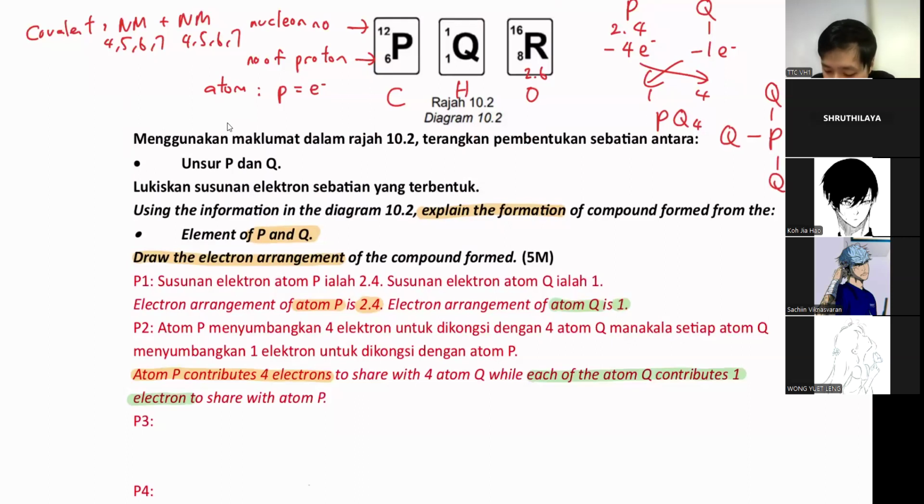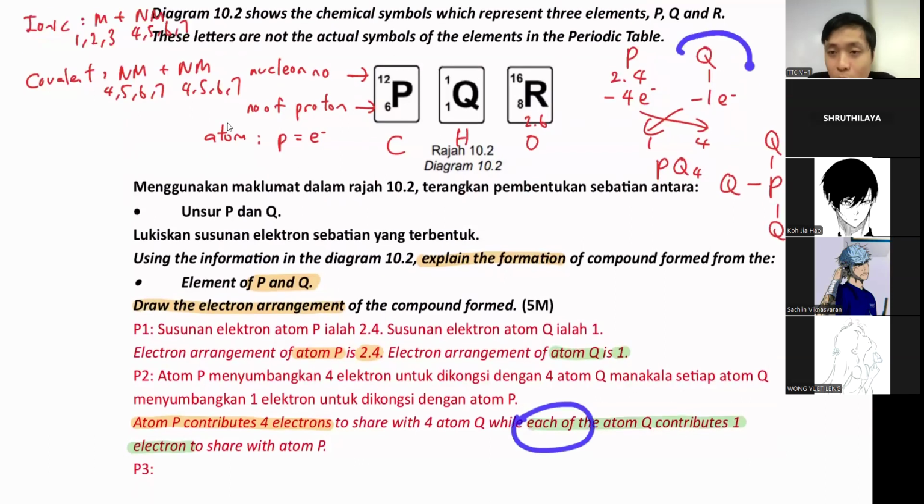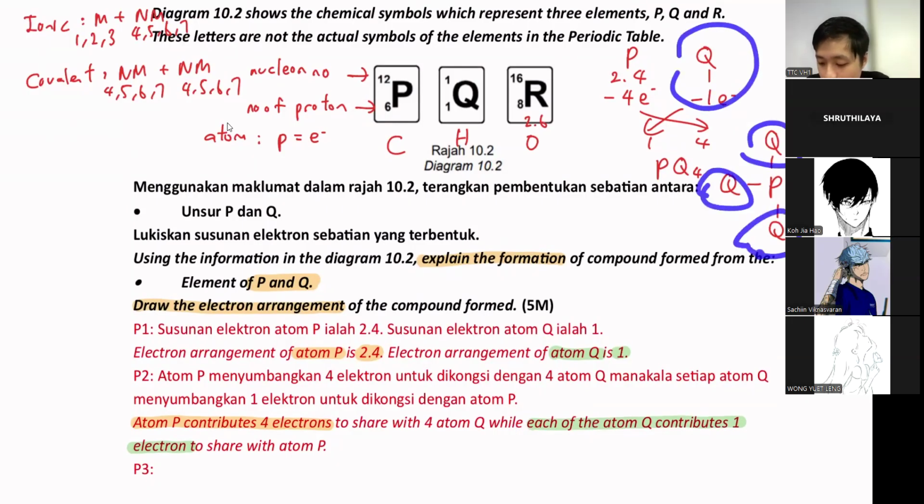I have to write each because it's not only 1 Q, it's 4 Q. Not everybody shares 4 electrons; each one of them shares 1 electron. The result is a total of 4 because you have 4 Q, so together they share 4 electrons with P.